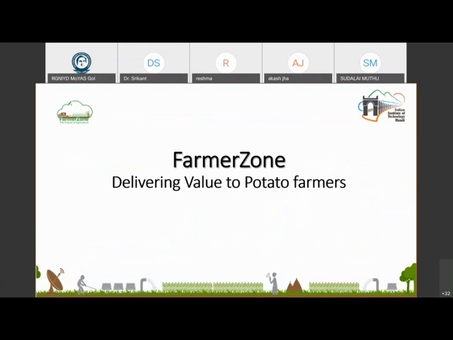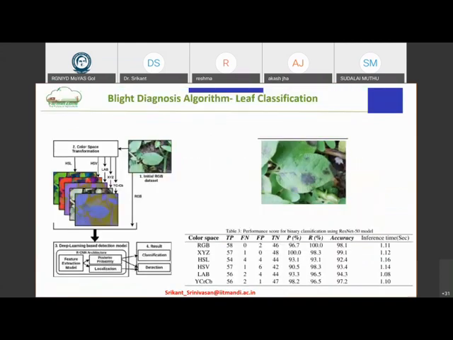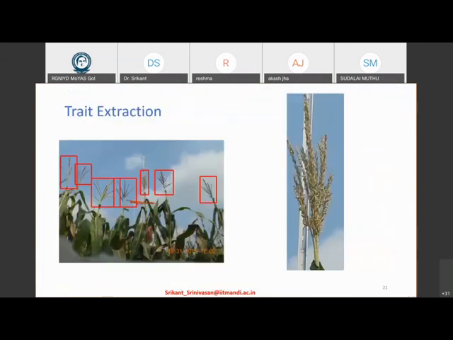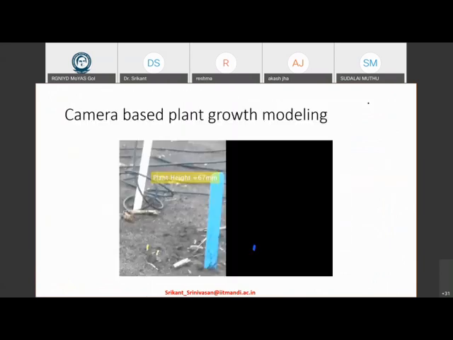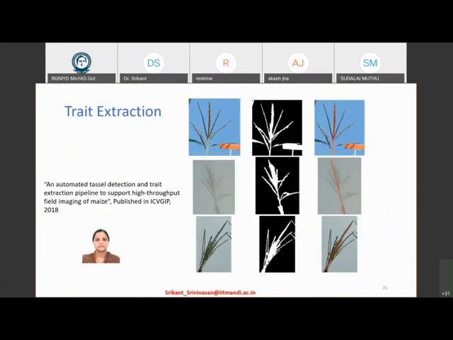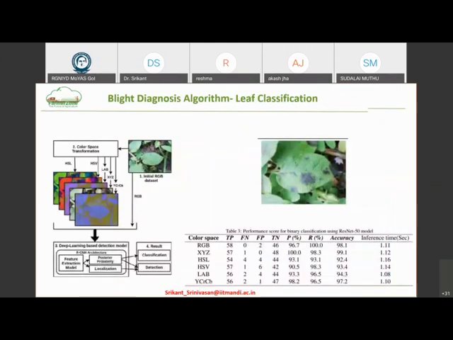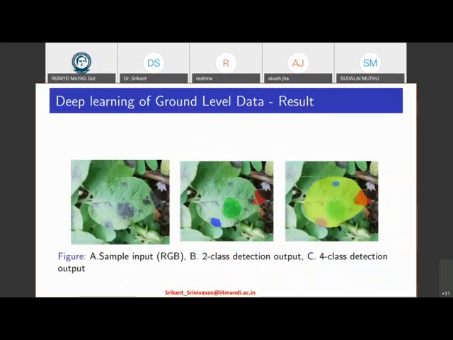Now, what I want to talk about in the second part of this talk is about farmer zone, and briefly I'll talk about it. The main thing is, in the first part of the talk, whatever I discussed so far, which I gave you a broad overview of agriculture and the use of data analytics and data science, this has got to do with us as data scientists or engineers, separated from the farmers. We are not actually talking to farmers.